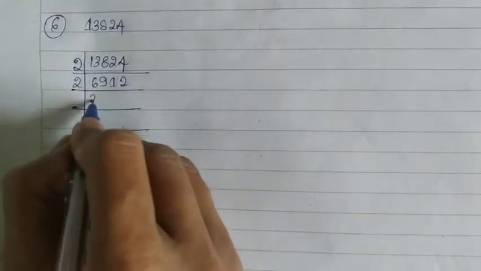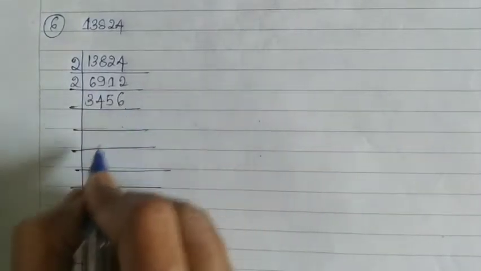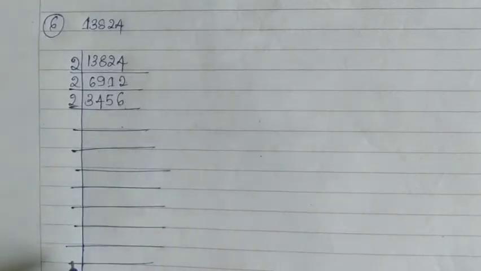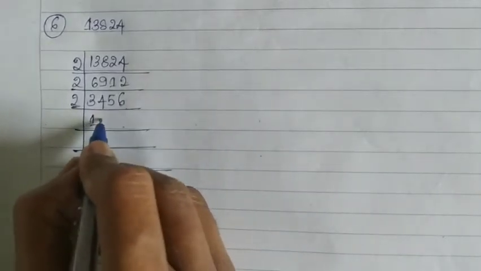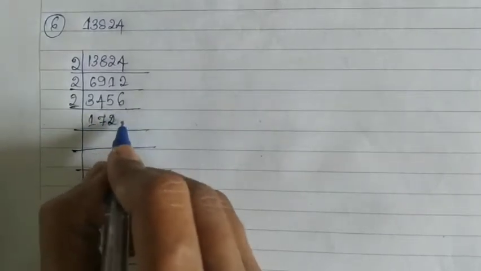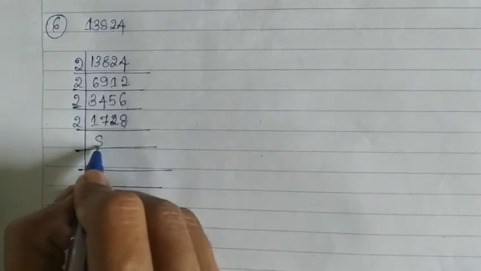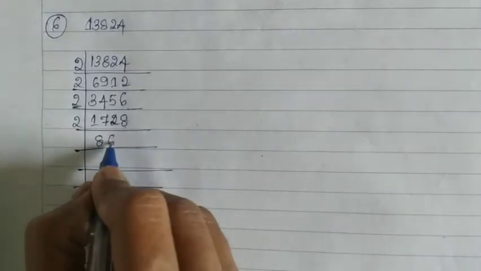From 2. 2 threes are 6, 2 fours are 8, 2 fives are 10, 2 sixes are 12. From 2, 2 ones are 2, 2 sevens are 14, 2 twos are 4, 2 eights are 16. Now from 2, 2 eights are 16, 2 sixes are 12, 2 fours are 8.